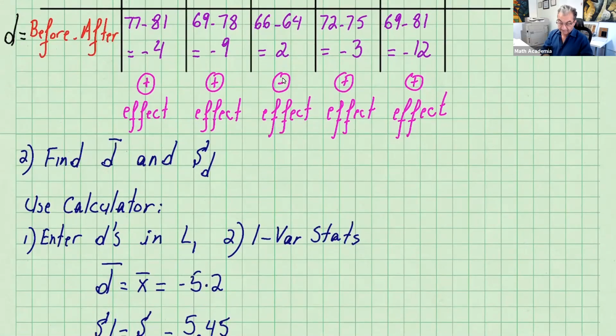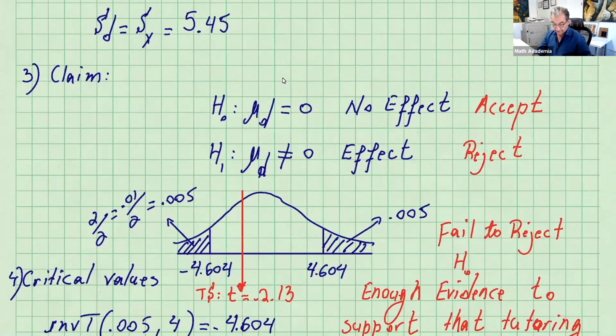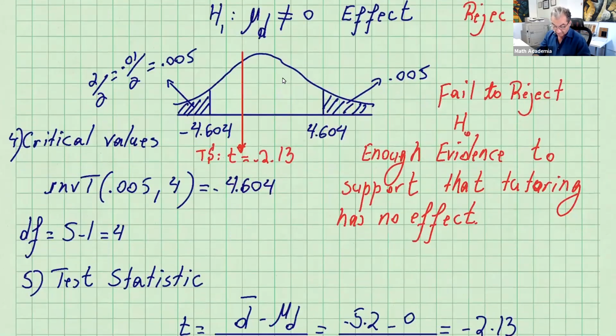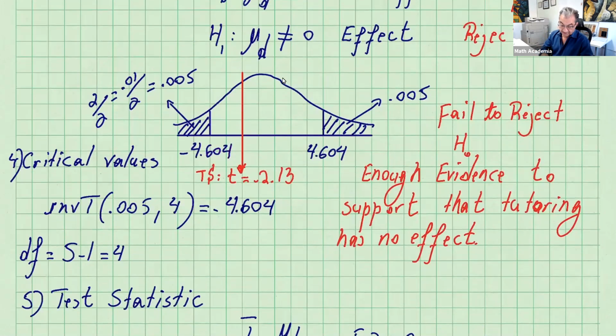Although it did have an effect for the sample, for each single individual, in the long run for the population, we don't have enough evidence to say that it will have an effect for the entire population. And again, with the significance level of 0.01.